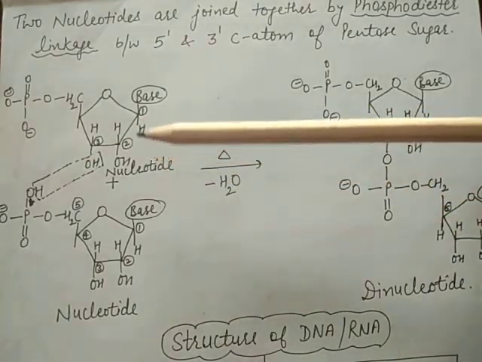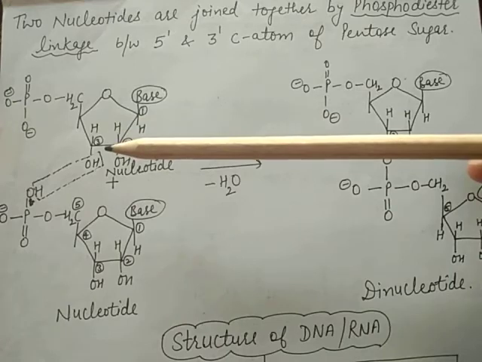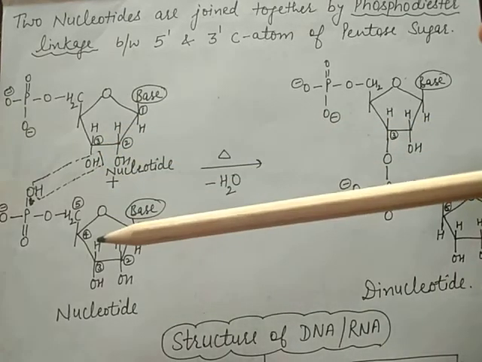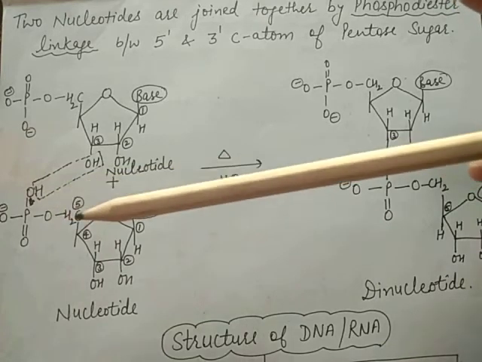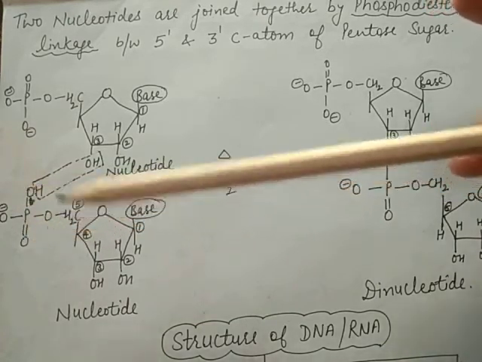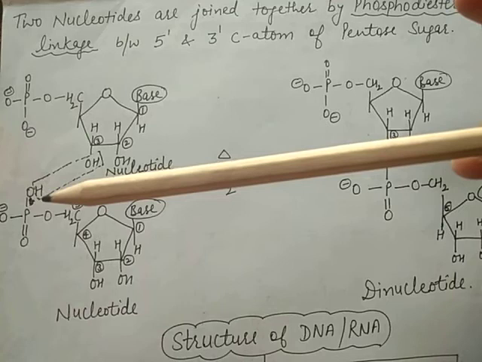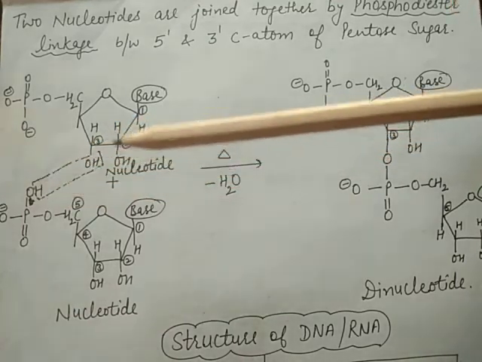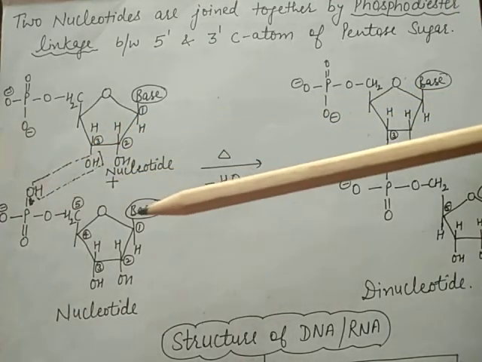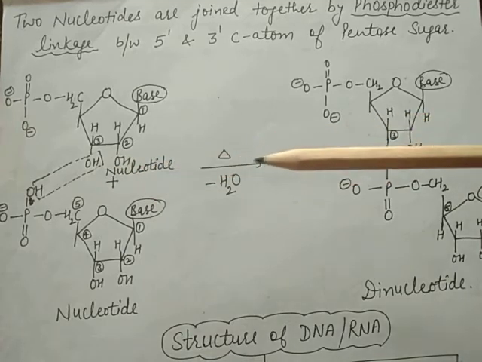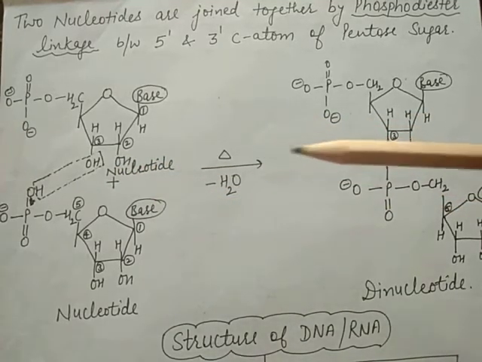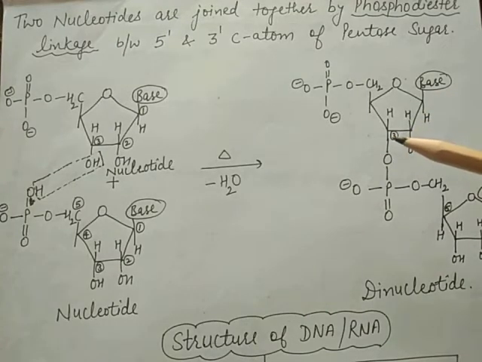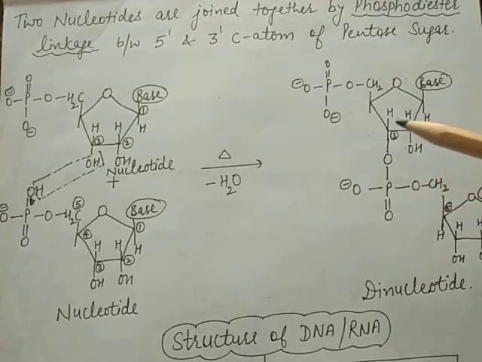The third carbon of the first nucleotide and the fifth carbon of the second nucleotide, where the phosphoric acid is present, involve the loss of a water molecule.